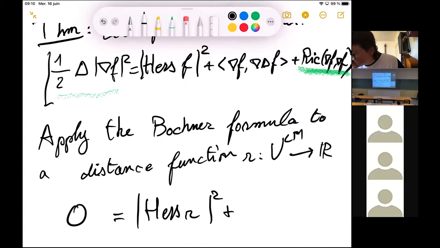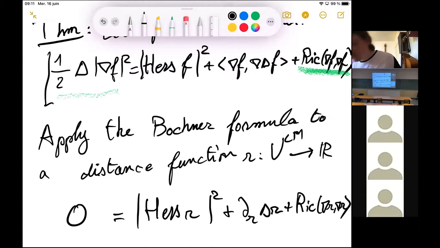Gradient r is just the radial vector field associated with the distance function, and so the inner product of gradient r with the gradient of the Laplacian of r will be just the radial derivative of the Laplacian of r, plus then Ricci of gradient r.